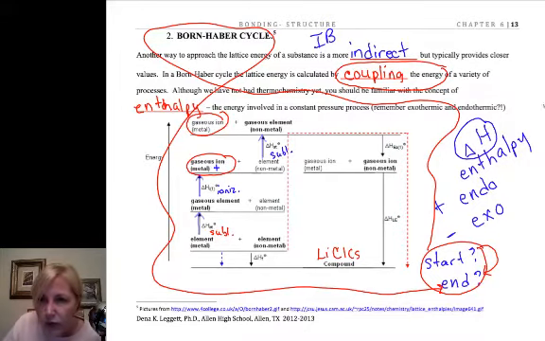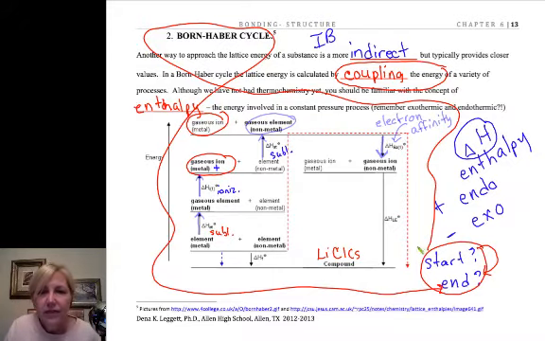Now, you notice that going from the gaseous nonmetal down to the gaseous ion is exothermic. Remember our electron affinity? Tends to be negative or favorable.